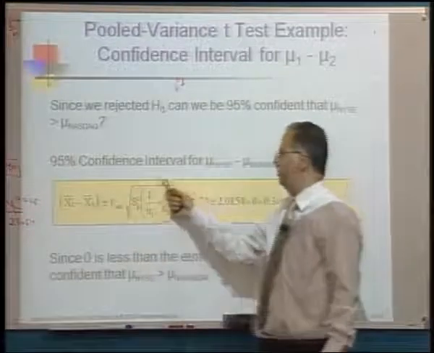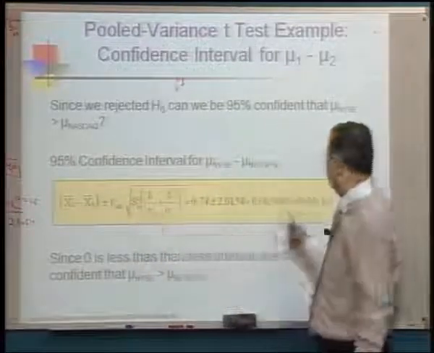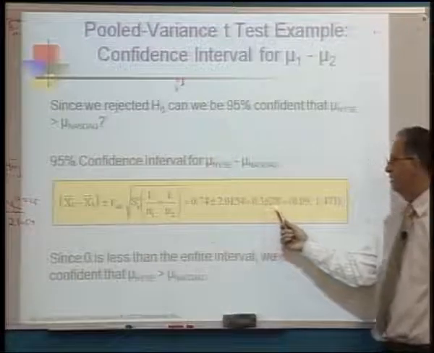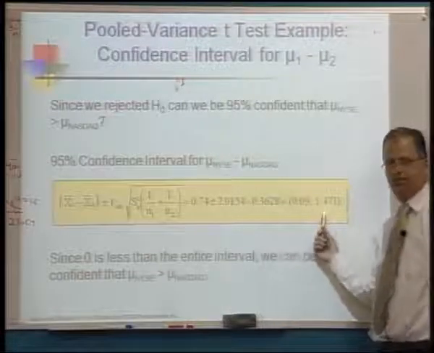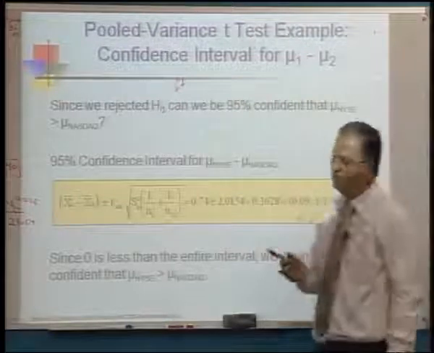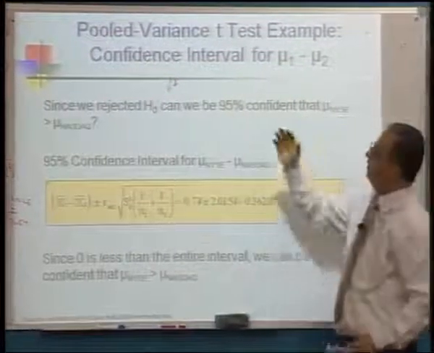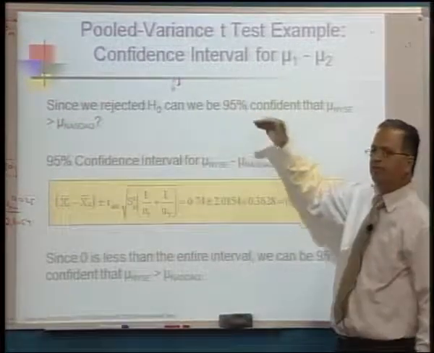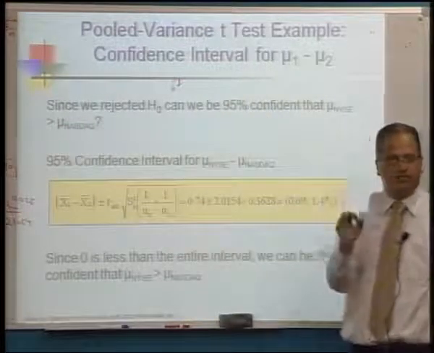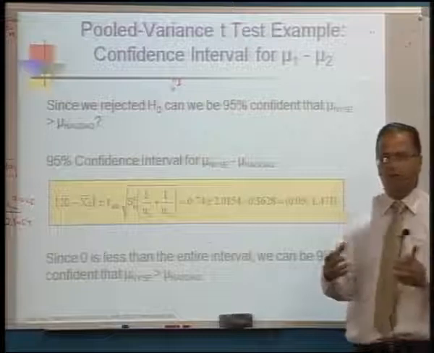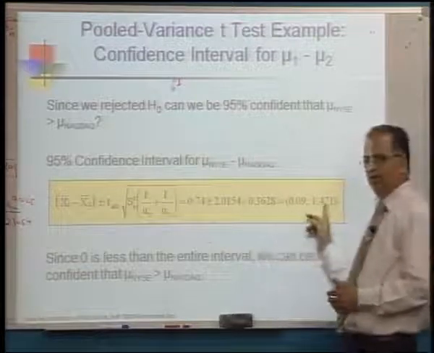You can easily compute this value, 0.3628, and you will end with this interval. Now, this interval means that we are 95% confident that the difference between the two population means falls between these two values.